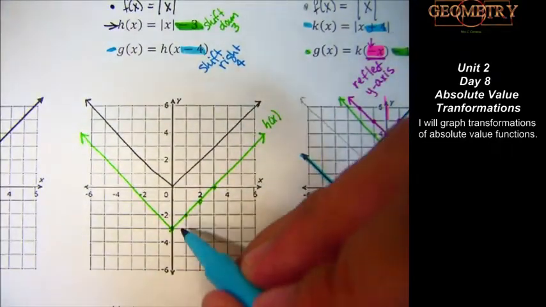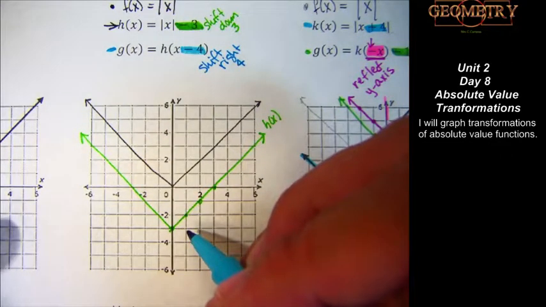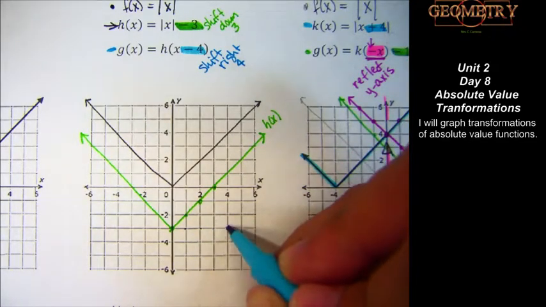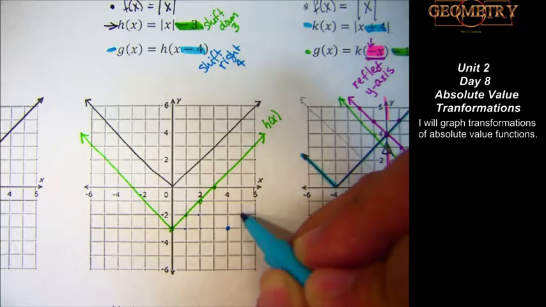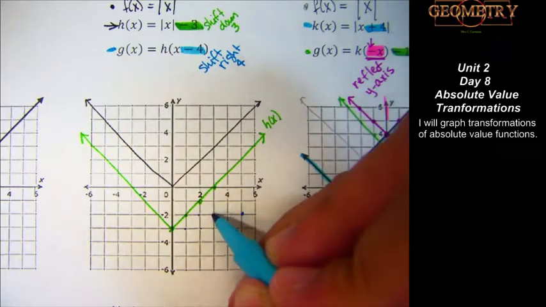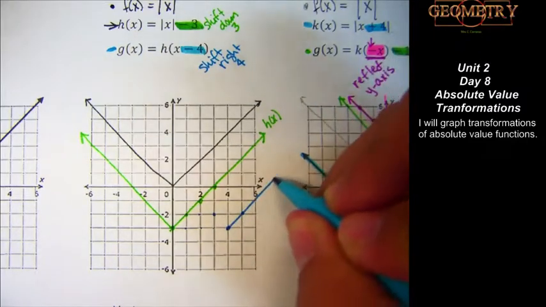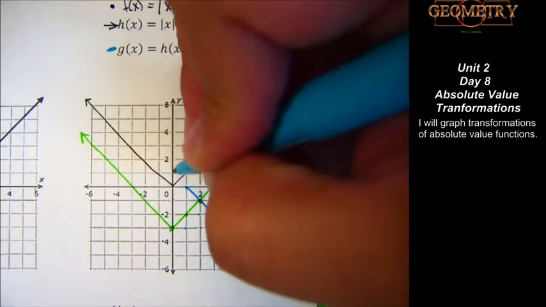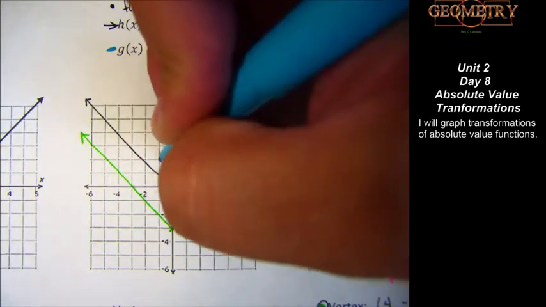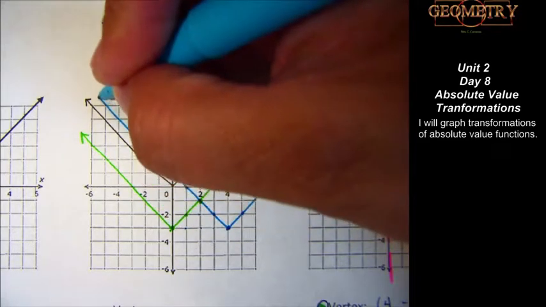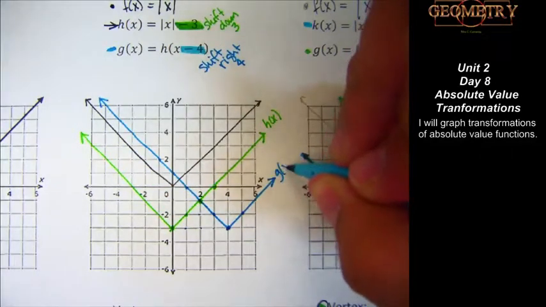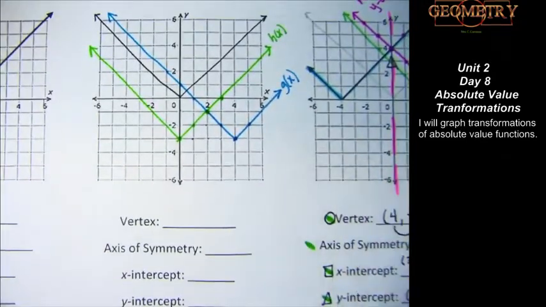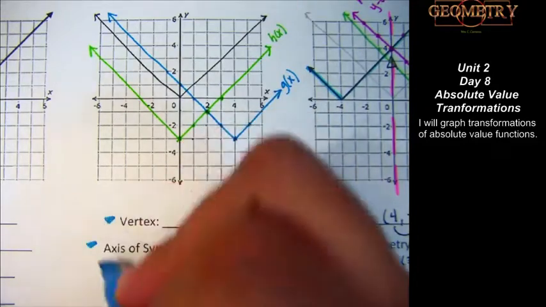All right, so I'm going to take the green, because that was the most recent one, and I'm going to shove the green to the right 4 units. 1, 2, 3, 4. Looks like it's doing this. And the function that we're being asked to find information for is the blue function g of x.